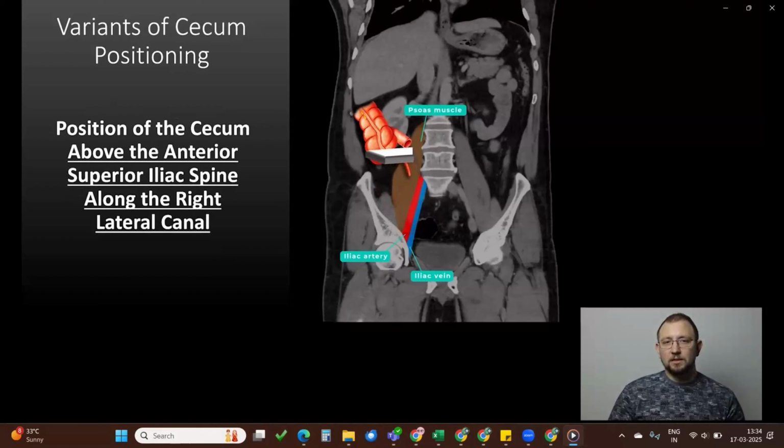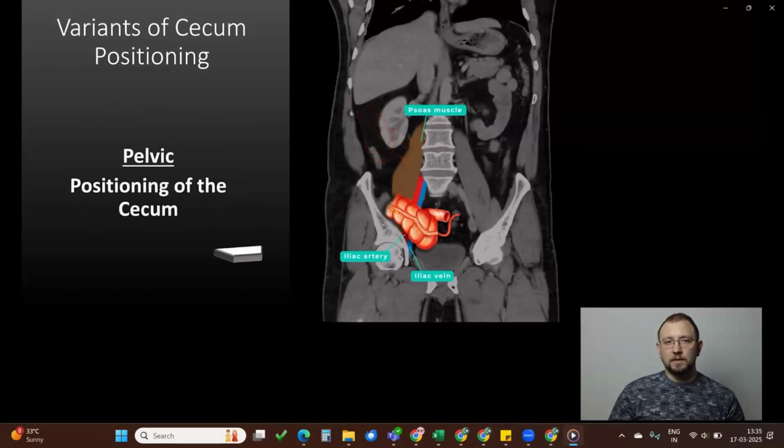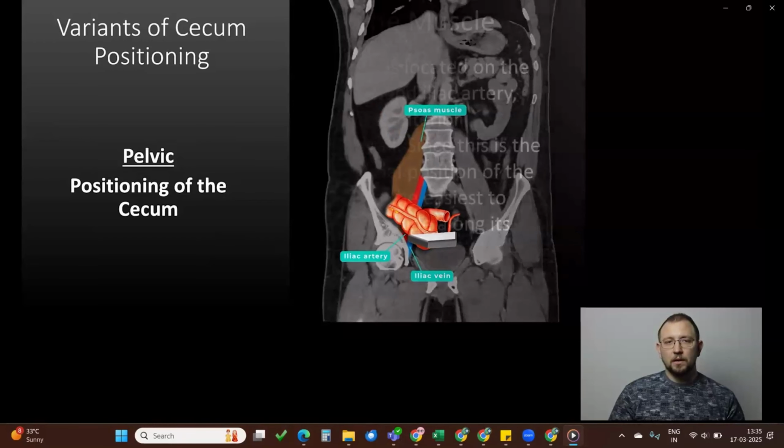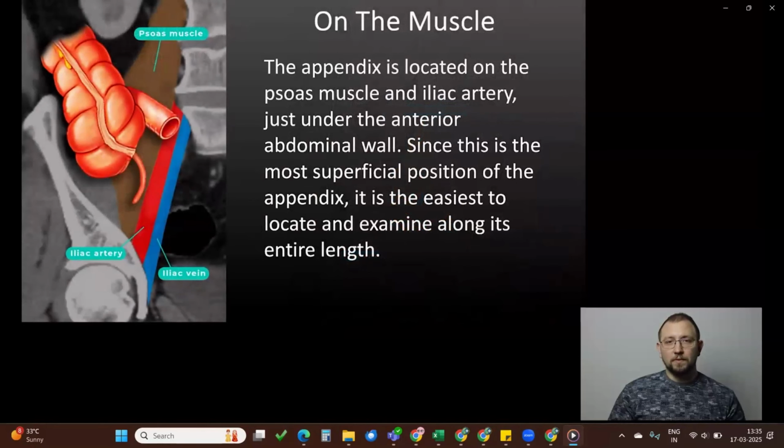If the large intestine does not end in the right iliac region, but continues medial to the iliac vessels, this means the cecum is located in the pelvis. Only then is the cecum found.